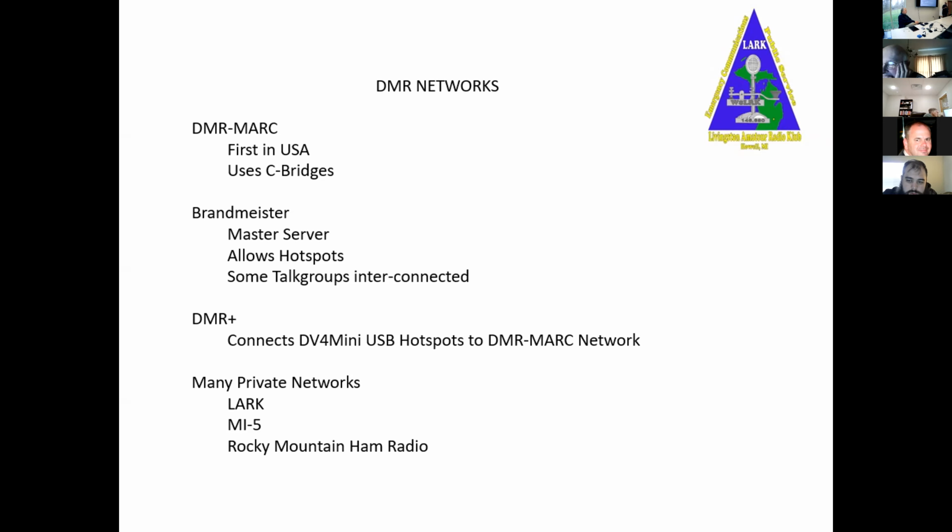But at the same time, let's say you want to go to a 3rd or a 4th or a 5th talk group that's not listed, the hotspot can be taught: okay, these aren't our 2 preferred talk groups, we're going to switch networks and route it to a different network. So, for example, there's a talk group called 91, which is a worldwide talk group on Brandmeister. Rod's on it all the time.